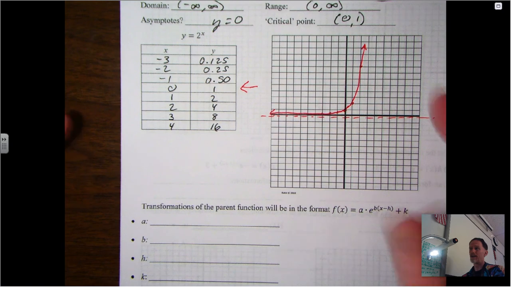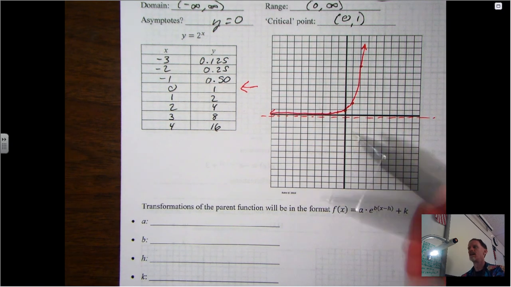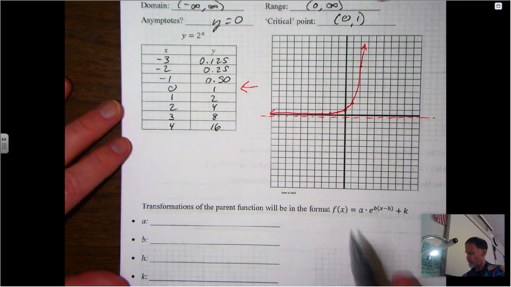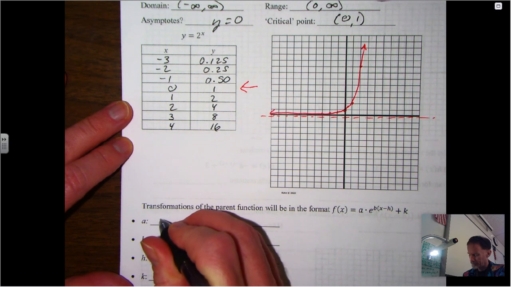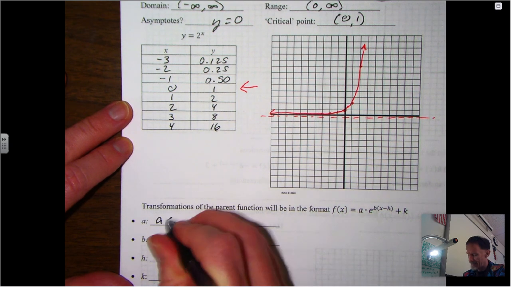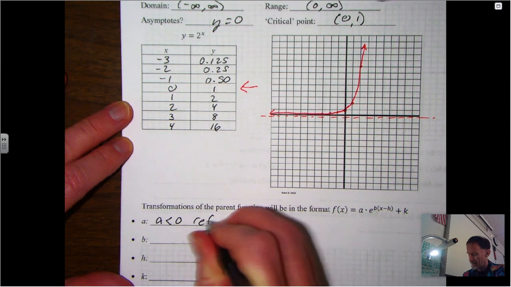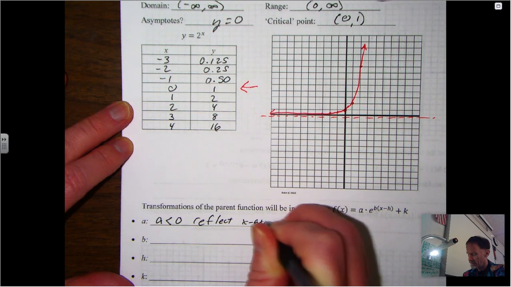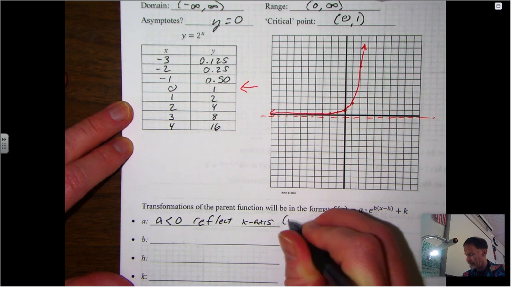The main thing we are going to be concerned about, though, with the a value, with exponentials and logs for that matter, is if there's a reflection going on. So the a value, the only thing we're going to worry about right now for this chapter is if a is less than 0, if a is negative, then it's a reflection across the x-axis, which in normal terms means it's upside down.